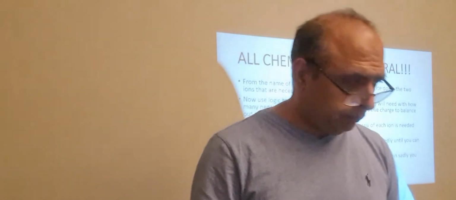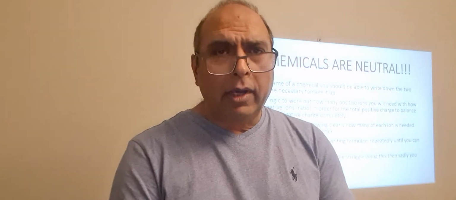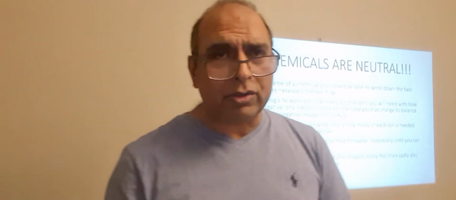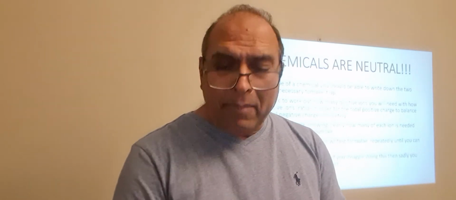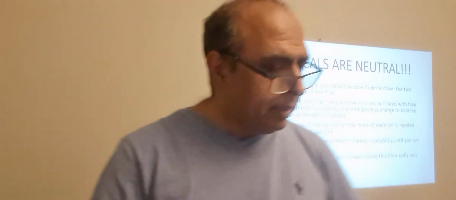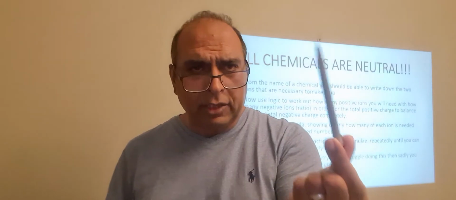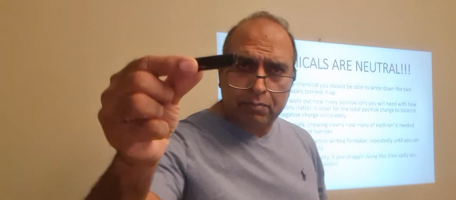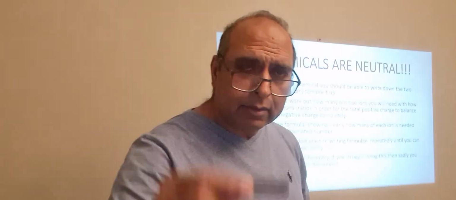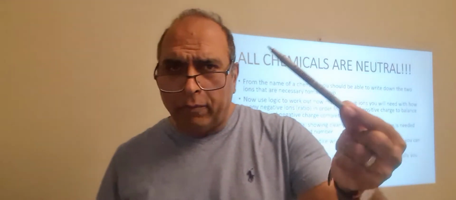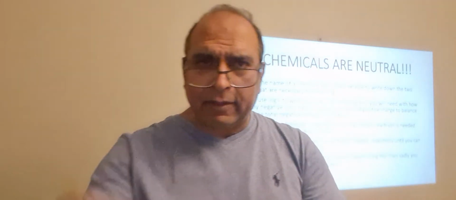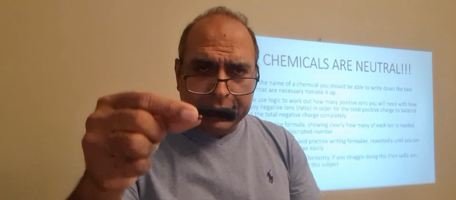So, what is the method? The method is not rocket science. The method is simply saying that if we had, say this pen was positively charged, say this pen top was negatively charged, let's say the pen was 1 positive and the pen top is 1 negative.